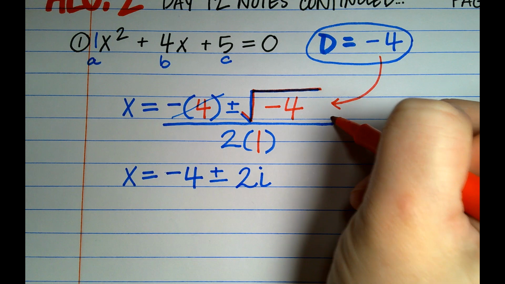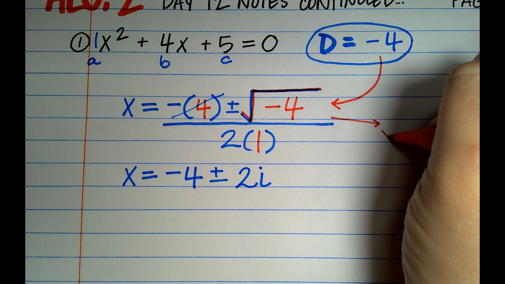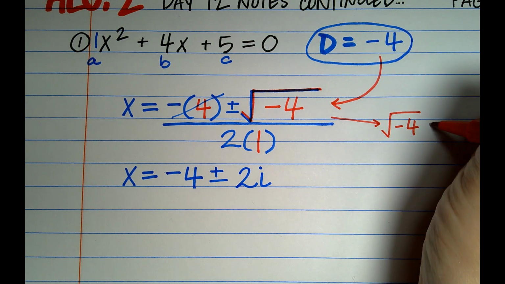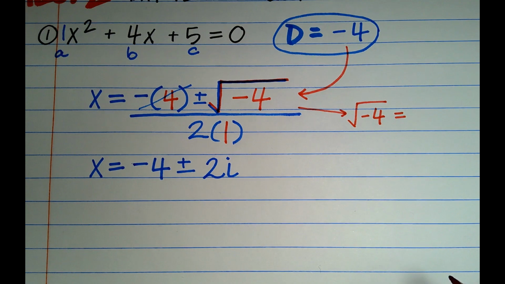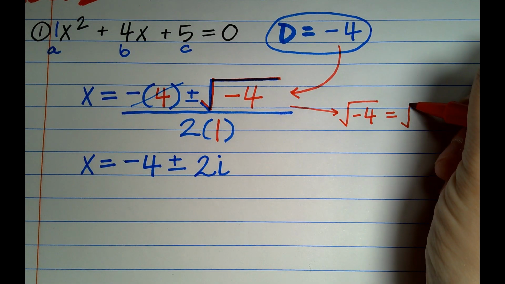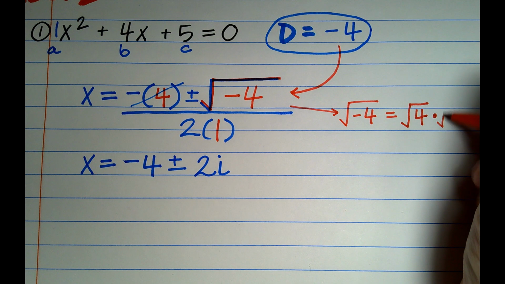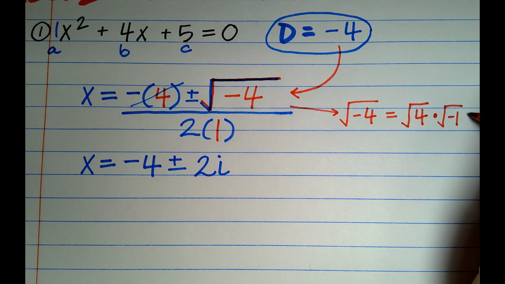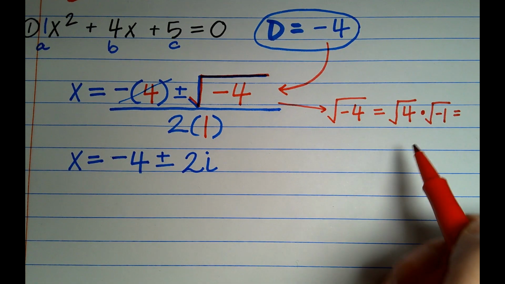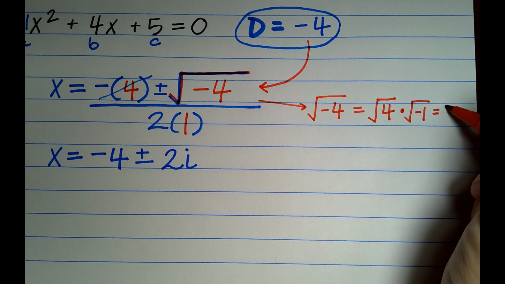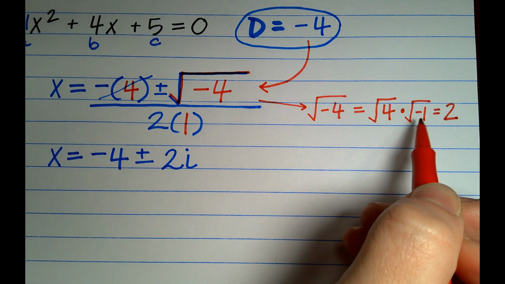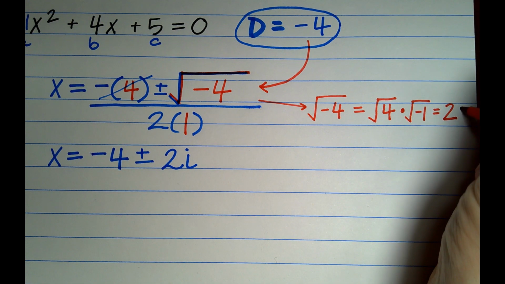And again, I'll just write this as kind of a side note. The square root of negative 4 equals the square root of 4 times the square root of negative 1. The square root of 4 is 2. The square root of negative 1 is i.